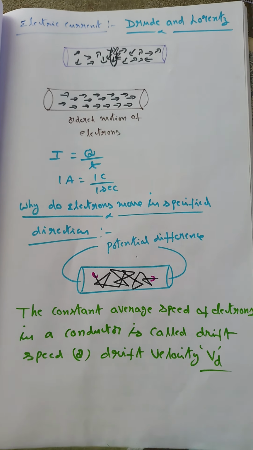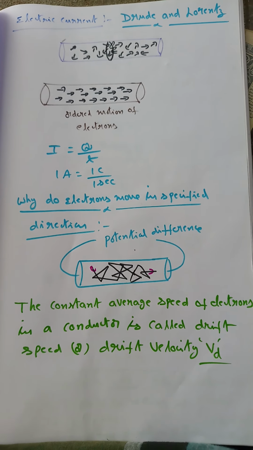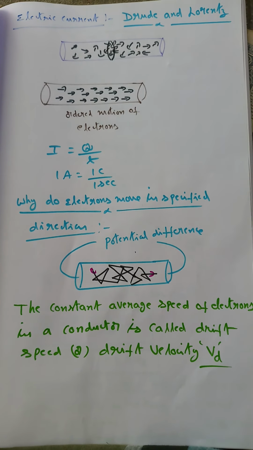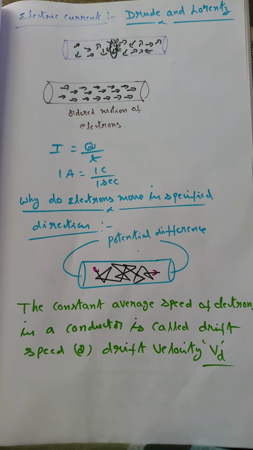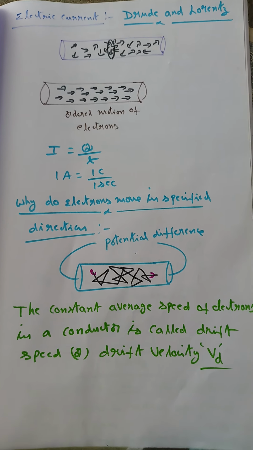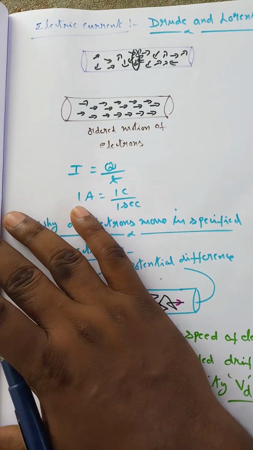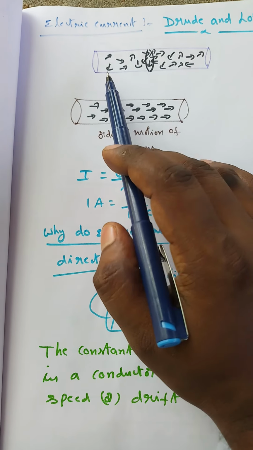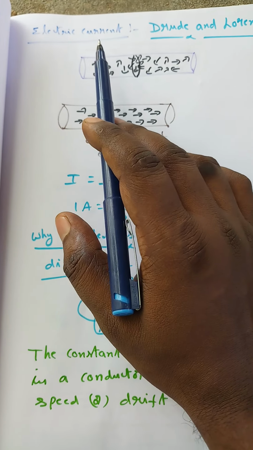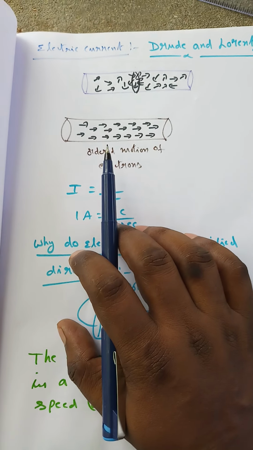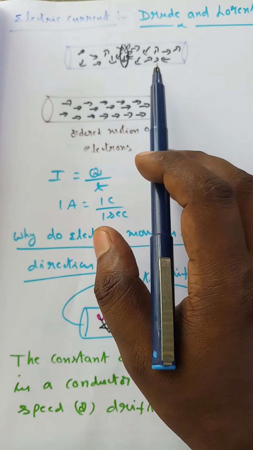Why is there a flow of current through a metallic wire, a conducting wire, only when it is connected to a battery? Why is there no flow of current through it when it is not connected to a battery? Now let's take that situation here. It is a conducting wire, and its ends are not connected to any power source. See here in this situation, these are the free electrons.